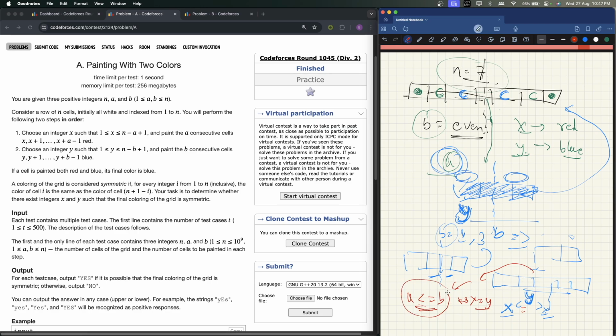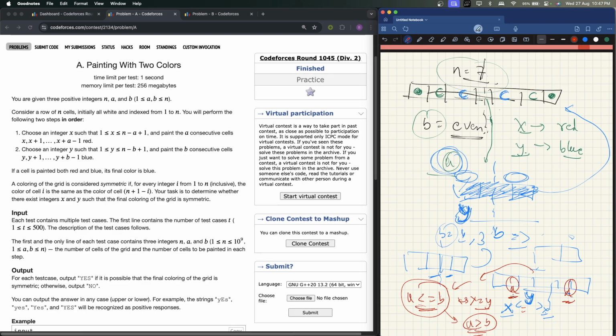This means if a is less than or equal to b, and b and n have the same parity, then the answer will always be possible. But if a is greater than b, we are going to exceed the length of the b coloring. Some a color will be here, some a color will be here.